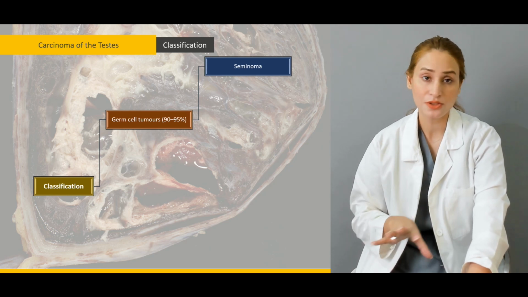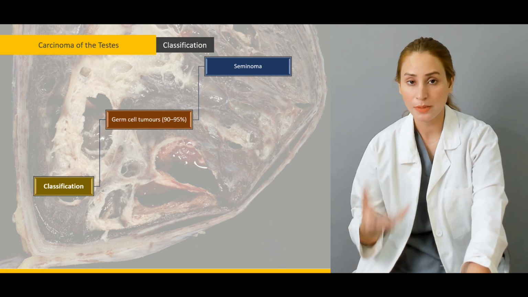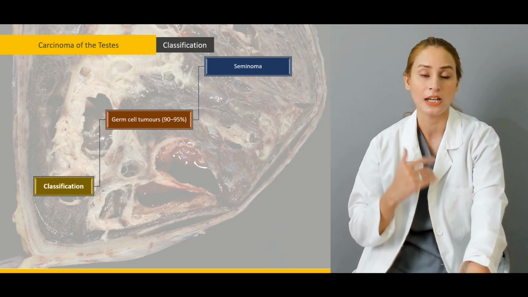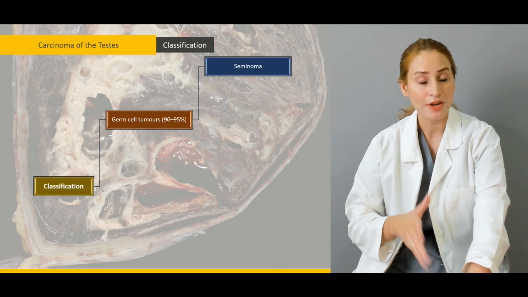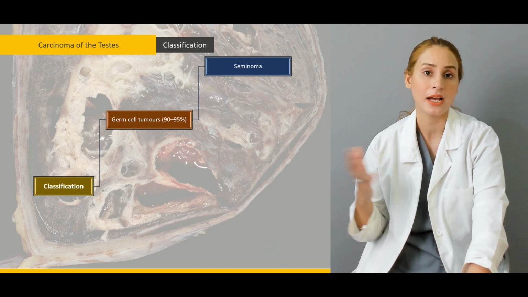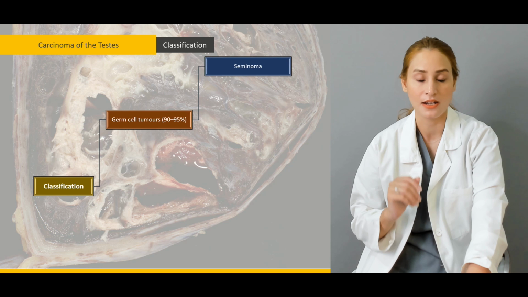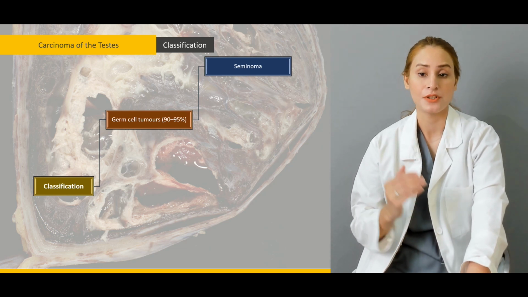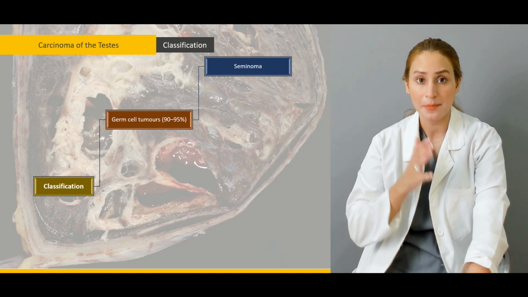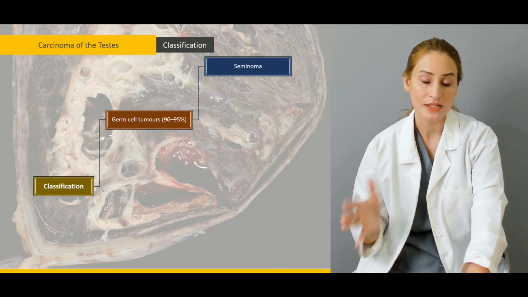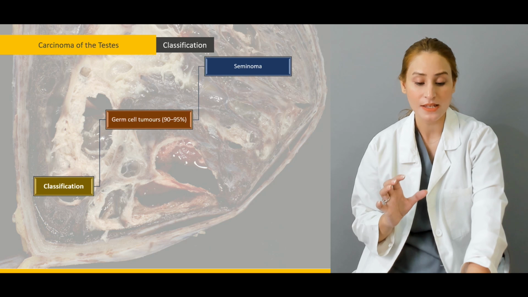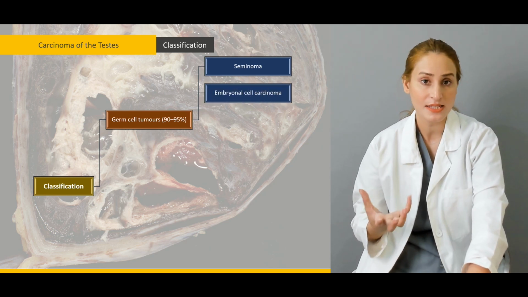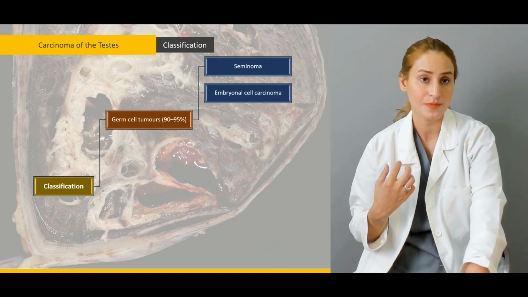Most of the time, when we talk about testicular tumors, almost 90 to 95% are germ cell tumors, and the remaining 5% comprises the non-germ cell tumors. Furthermore, these germ cell tumors are divided into seminomas and non-seminomas. Seminomas are more common among germ cell tumors as compared to the non-seminomatous germ cell tumors.